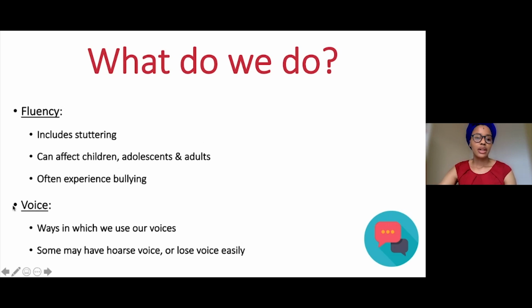And then the next area is voice. Voice refers to the ways in which we use our voices. Someone with a voice disorder or voice difficulty may have a hoarse voice, or they may lose their voice easily. Now, if you think about people who rely on their voices, we rely on our voices for different purposes, but some people rely on it to make a living.